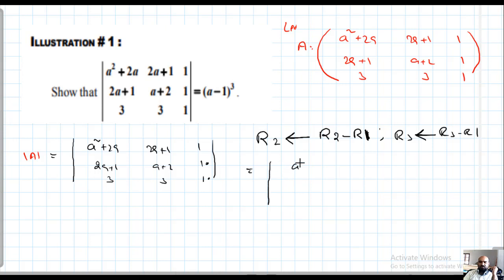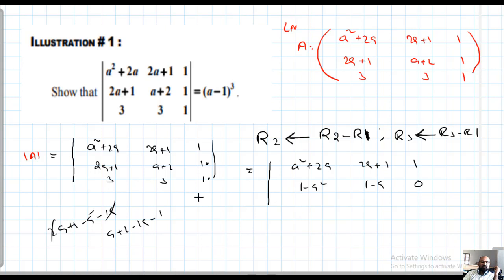That is A square plus 2A plus 1. Now R2 changing, R2 minus this. So 2A plus 1 minus A square minus 2A. Cancel, 1 minus A square. Next A plus 2 minus 2A minus 1, 1 minus A. 0.